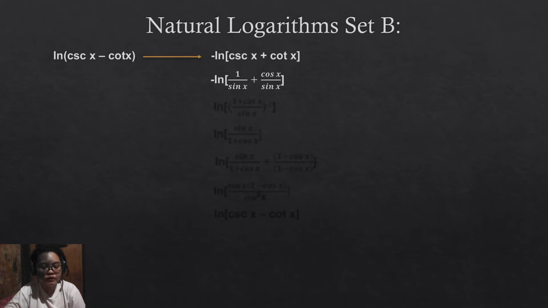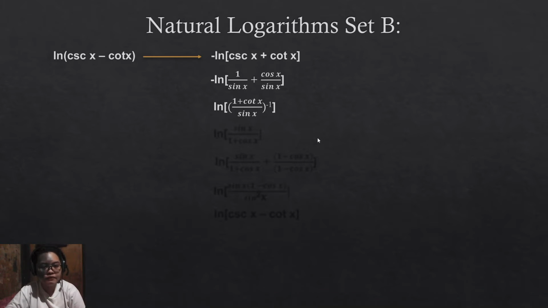In order to remove the negative part of the ln, we'll change it into negative 1 and put it in the exponent of the inner expression. So we'll have ln of (1 plus cosine x over sine x) to the power of negative 1. To remove this negative 1, we can flip the fraction over.